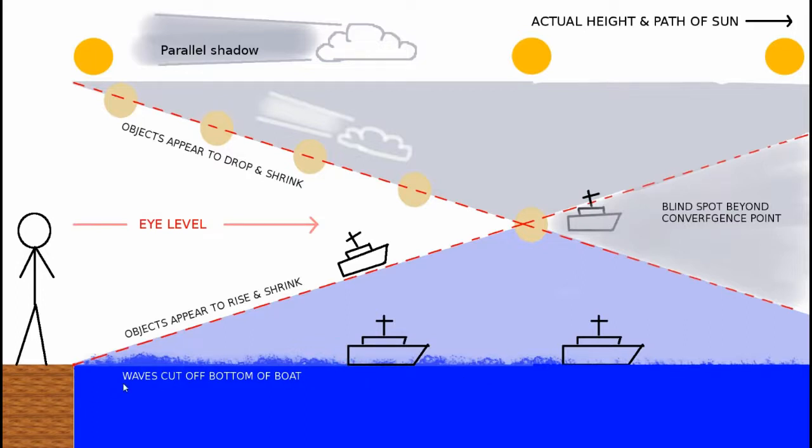Okay. One interesting thing to think about is that the waves cut off the bottom of the boat. So of course we've got waves all along here, but the waves that we see immediately in front of us don't have to be that big necessarily, but they will appear bigger than the waves beyond it.